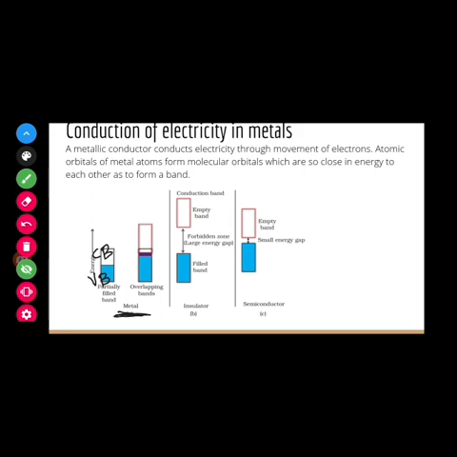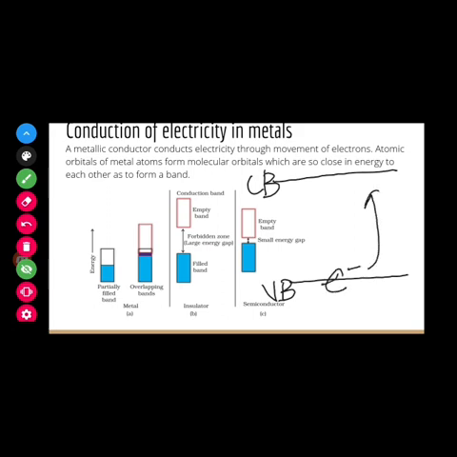If the valence band and conduction band are overlapping, then it's easier for electrons to move from valence band to conduction band and conduct electricity. But if the energy difference between valence band and conduction band is large, then it's difficult for electrons to move from valence band to conduction band. So this is in case of insulators.